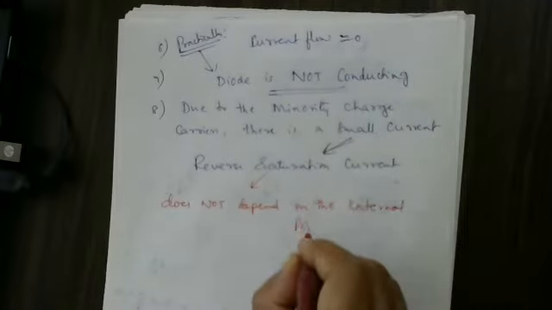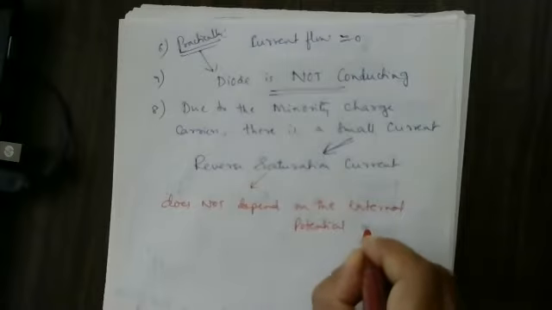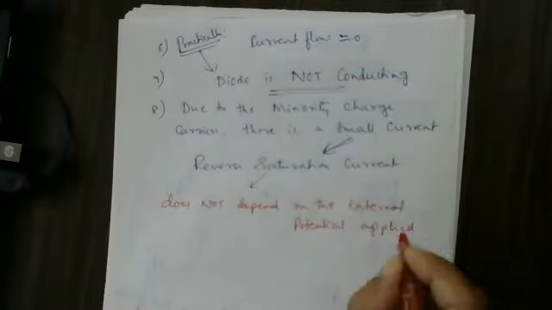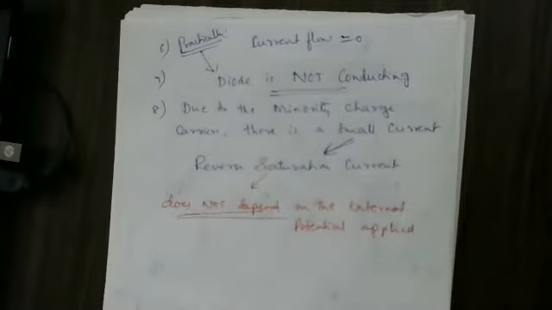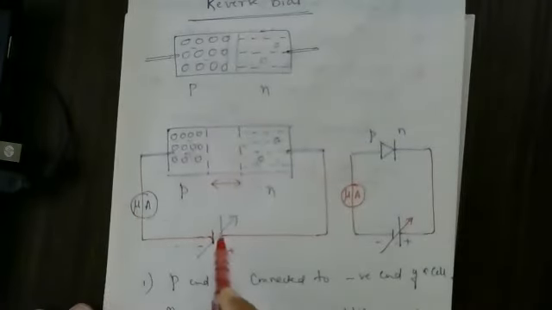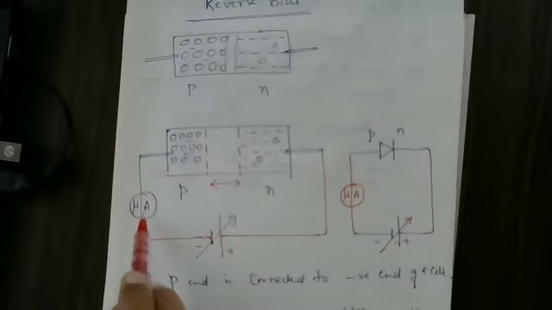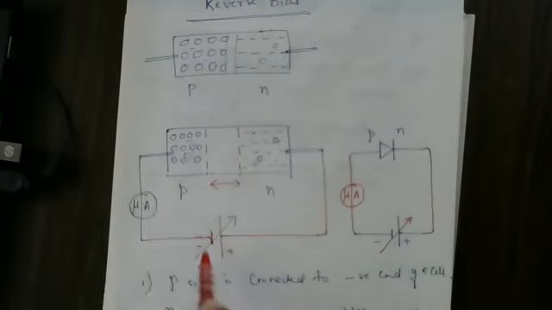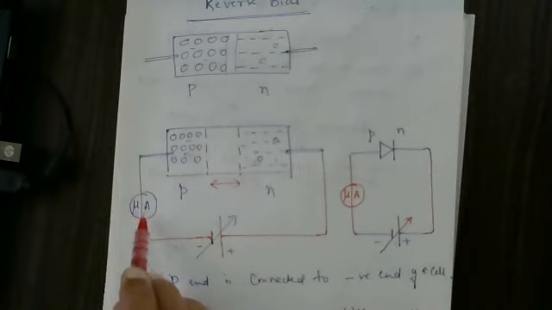For example, let us consider 0 volts: current is equal to something, already current is there. At 1 volt, the current is the same. 2 volts, same. Even 5 volts, the current is the same. 1 volt, 2 volt, 3 volt, 4 volt, 5 volt, the current is equal to the same thing.